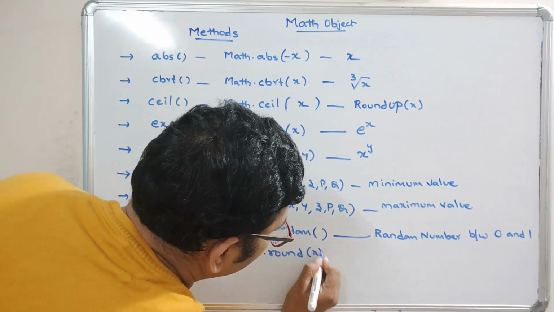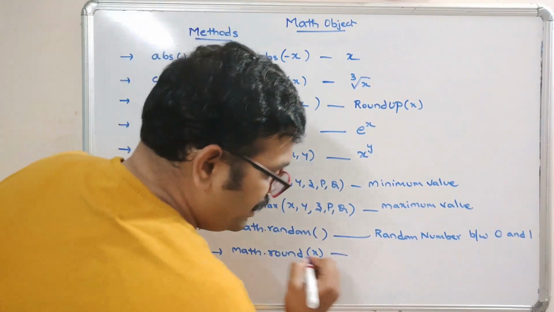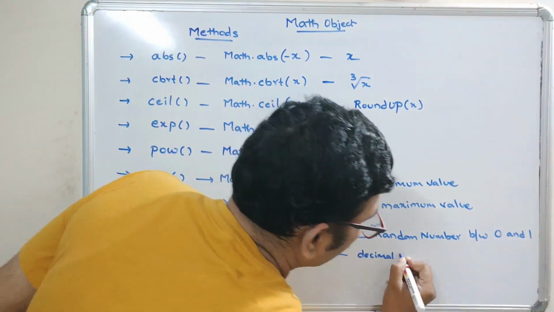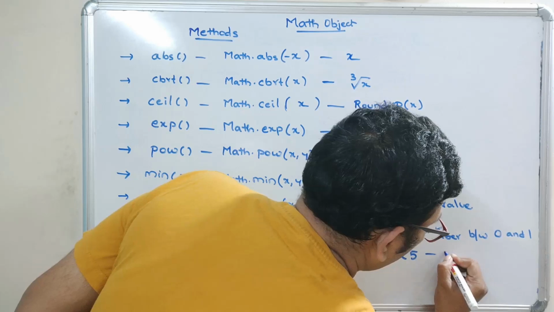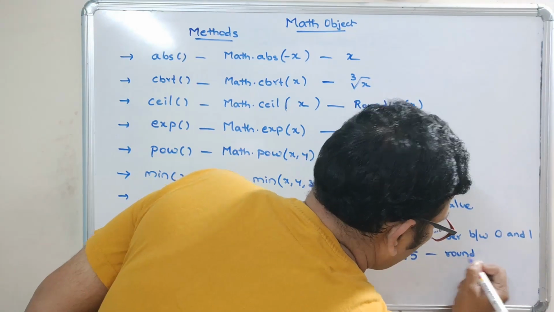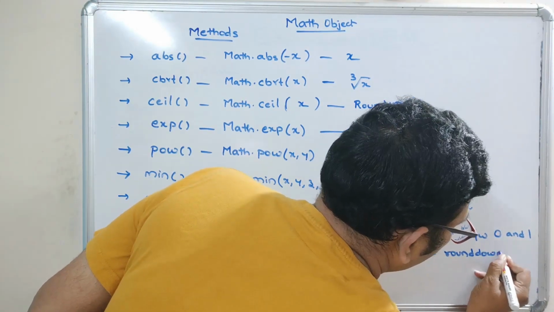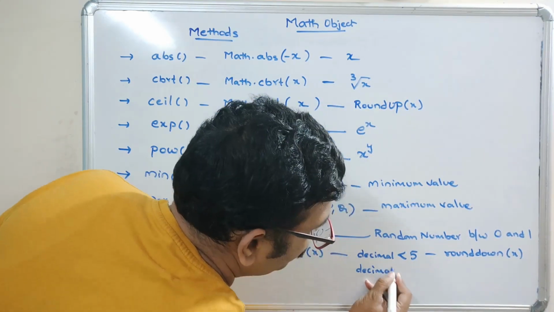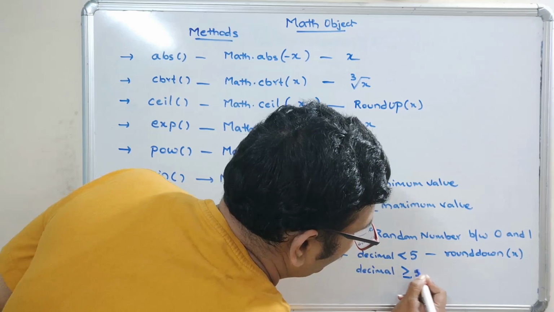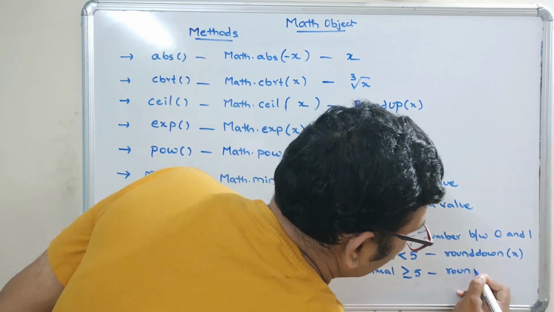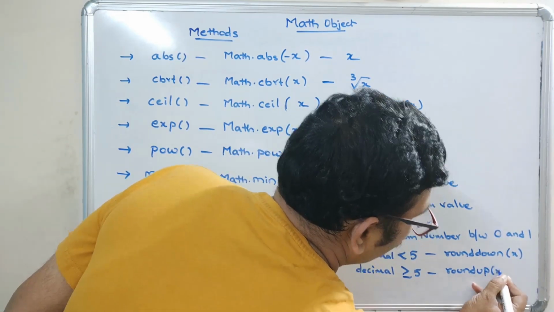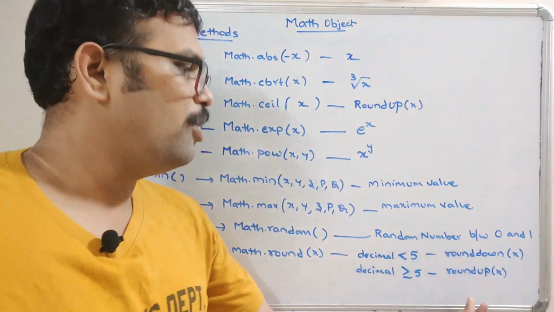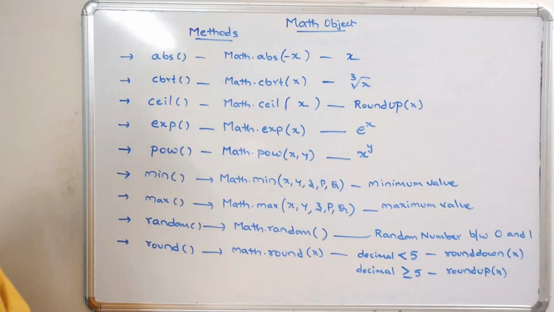Math.round of x. If the decimal value is less than 5, it will apply round down. If the decimal is greater than or equal to 5, then automatically we'll get the result as round up of x. So based upon the decimal value, we'll get the result either round up or round down.